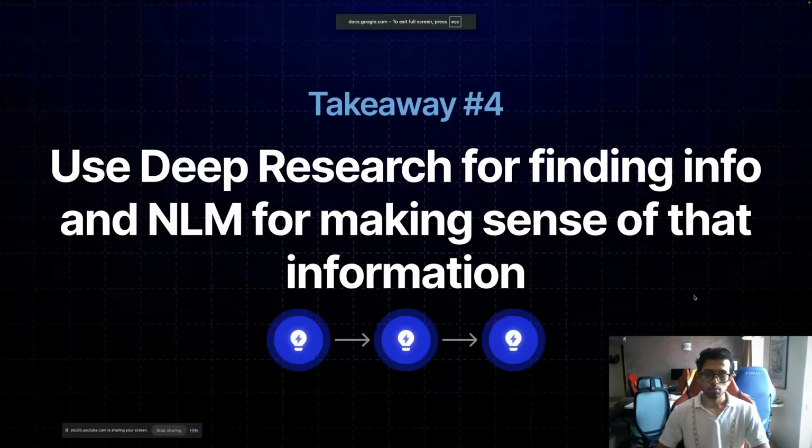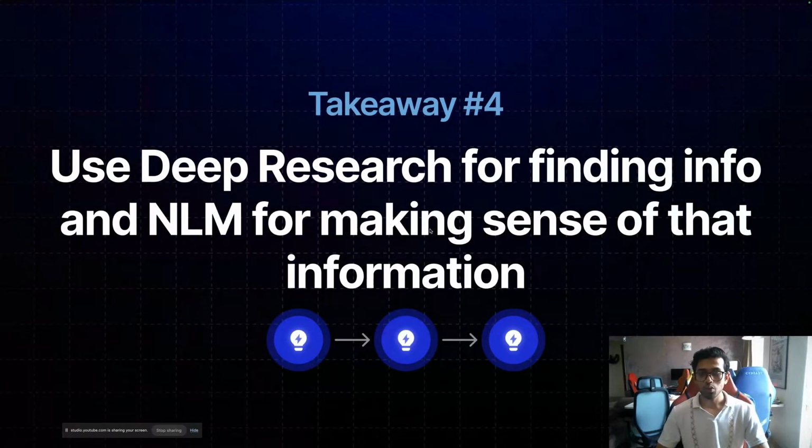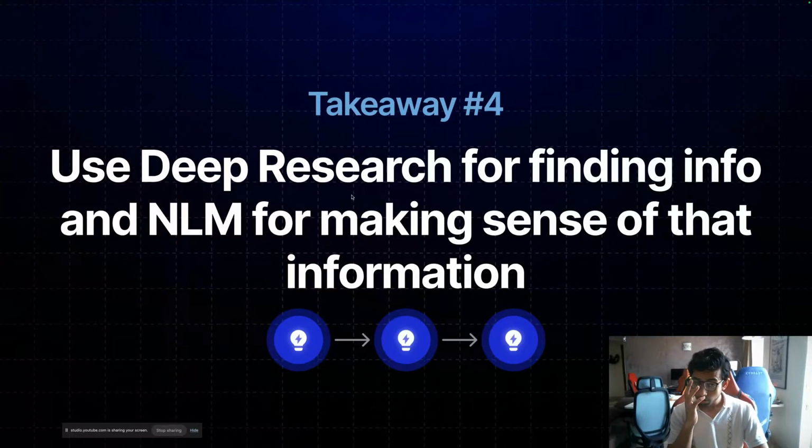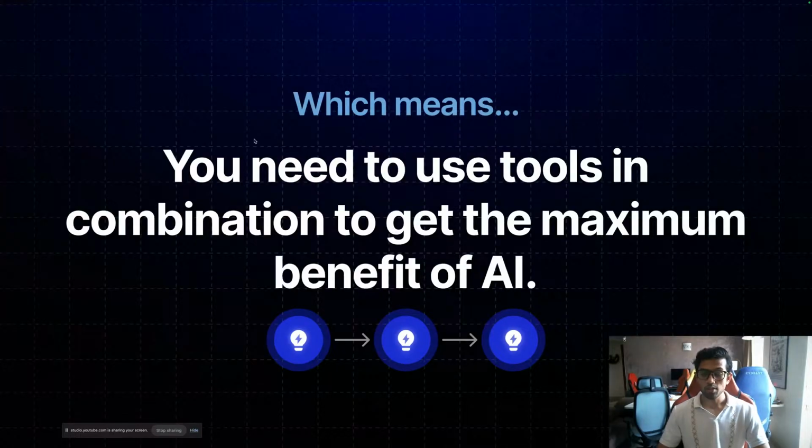So let's move on to the last takeaway, which is use deep research for finding information and Notebook LM to make sense of it. You can use deep research from Gemini to find the information and Notebook LM to make sense of that information, to understand it, which means you need to use tools in combination to get the maximum benefit of AI.